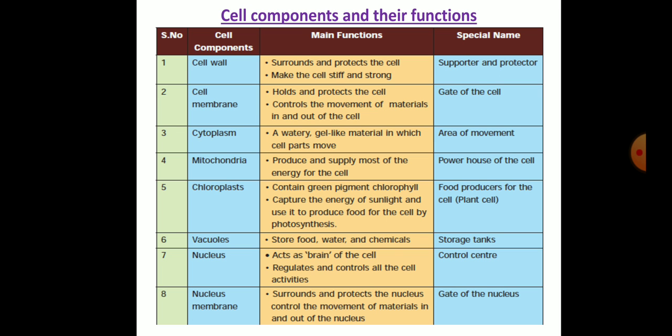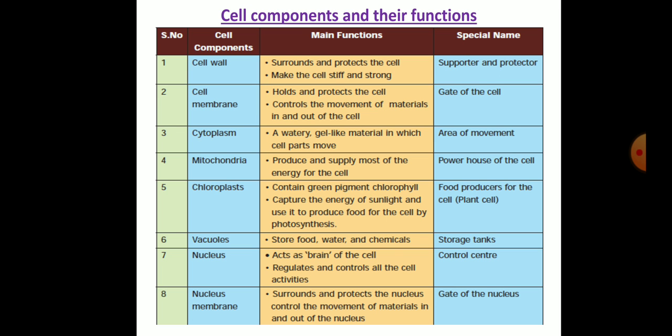Chloroplast. The main function of the chloroplast is it contains green pigment chlorophyll, captures the energy of sunlight and uses it to produce food for the cell by photosynthesis. The special name for chloroplast is food producer for the cell. Vacuoles. The main function of vacuole is to store water, food and chemicals. The special name is storage tanks. Nucleus.